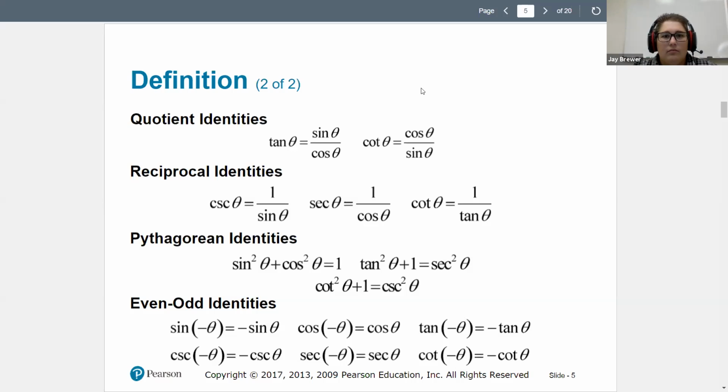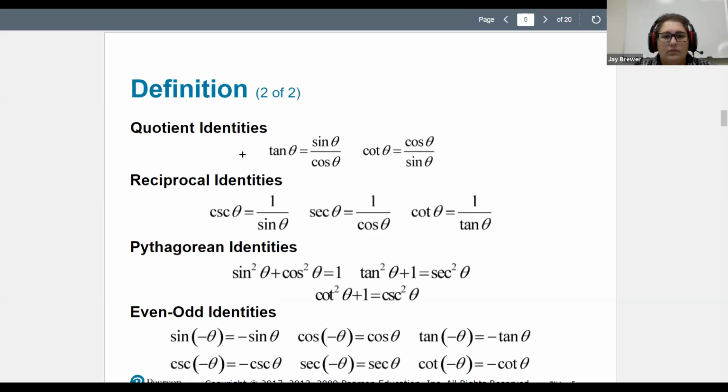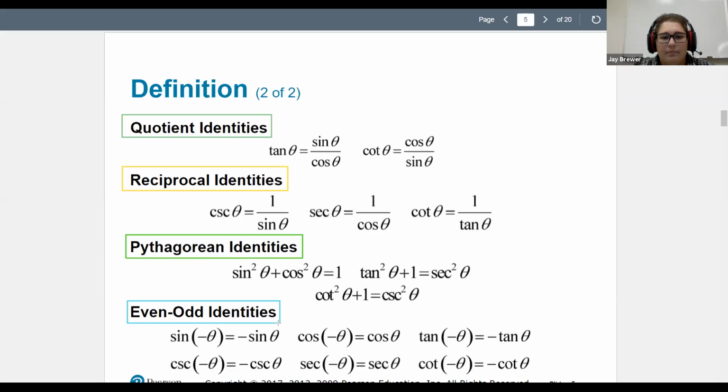Okay, so we'll do some highlighting. Quotients. Okay. Reciprocal. Pythagorean. And even and odds. Do any of these look brand new to you? Okay.